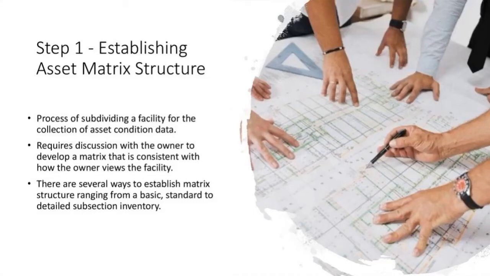This step does require a lot of coordination and discussion with the owner to develop a matrix that's consistent in how the owner views the facility or what attributes are important to the owner, because it's not necessary to collect data on things that are just not important or don't drive decisions. So this is a very important step.